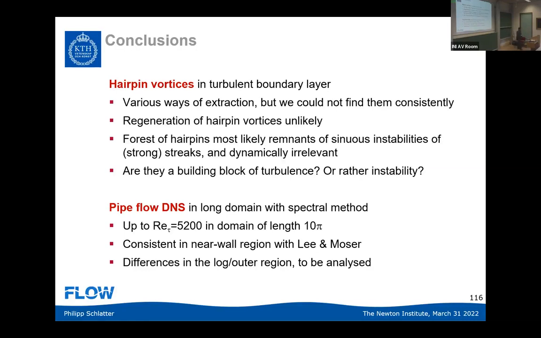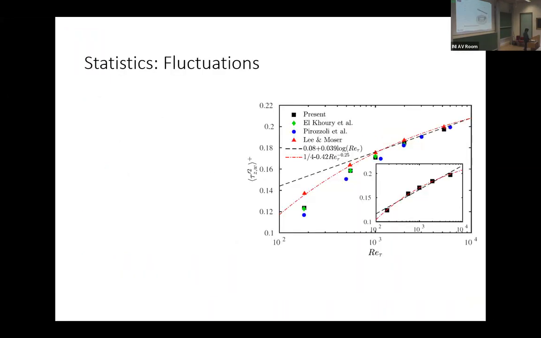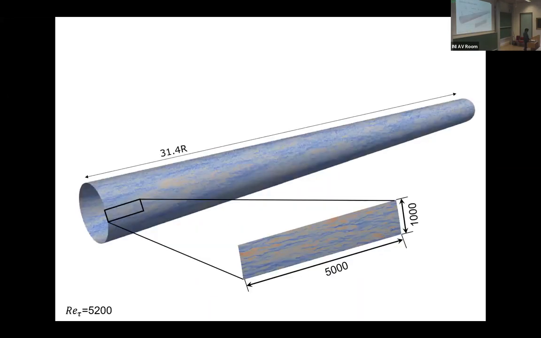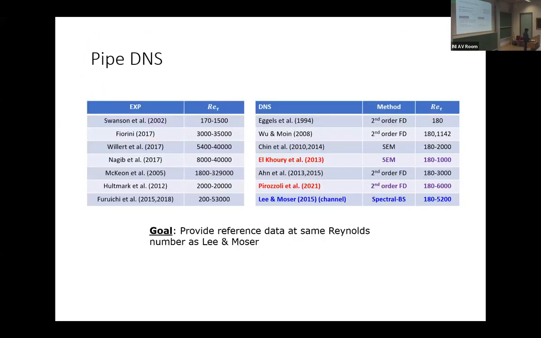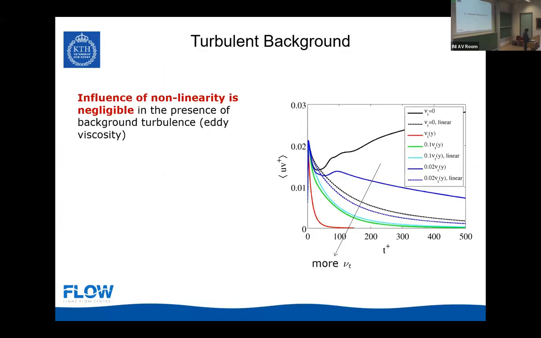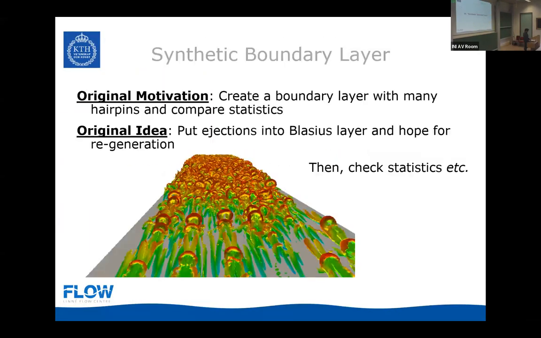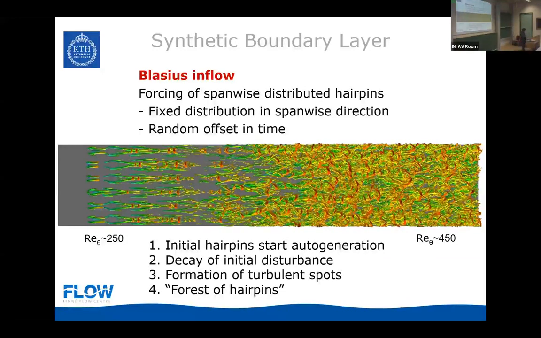Thanks. Another quick one. When you say you put the hairpins in the synthetic boundary layer, can you explain what you mean by put? Well, we did nonlinear solutions, right? So, inspired by the Coles data, we essentially put ejections at the beginning.